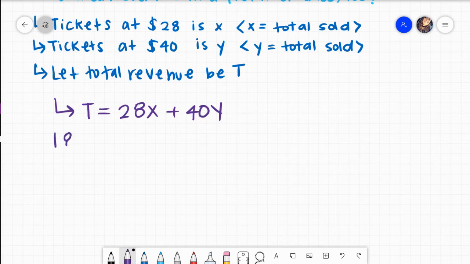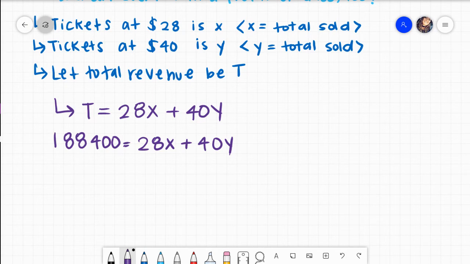The total amount of revenue is 188,400 equals however many $28 tickets we sold plus however many $40 tickets we sold, right? Now, how could I even tell what the possibility is of the combination of $28 tickets and $40 tickets, right? It's not just some random number.